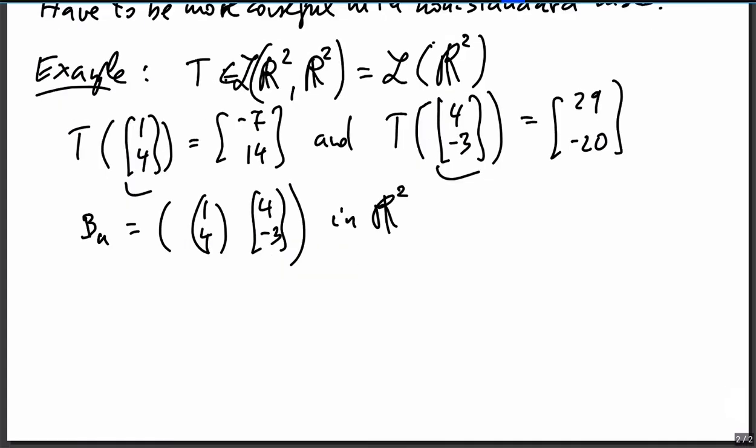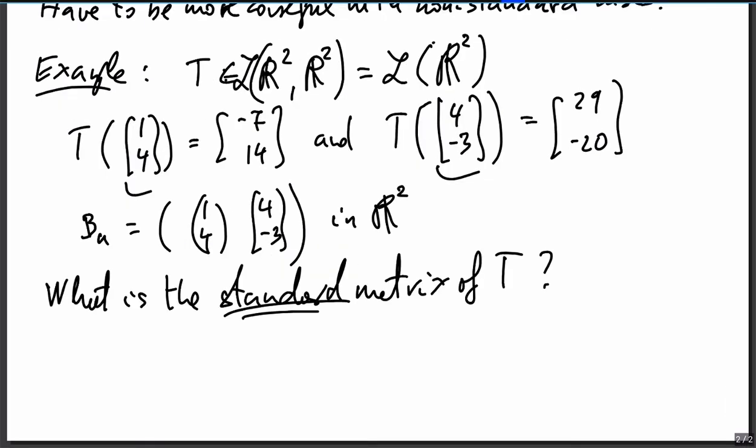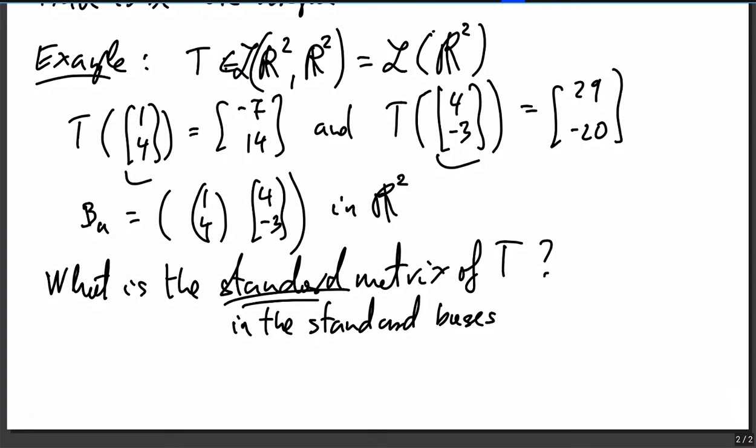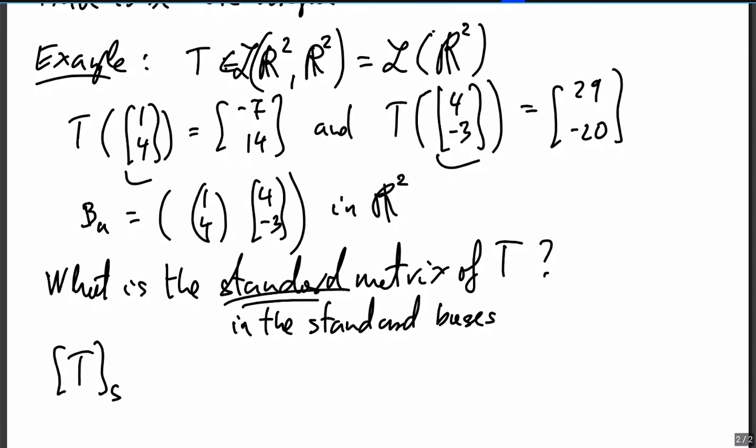So if you are looking for the standard matrix of T, then the standard really refers to the matrix of T in the standard basis. So this really means that what we are looking for, with the notation we had before, is S2, S2, where S2 is the standard basis of R2 with (1, 0) and (0, 1).